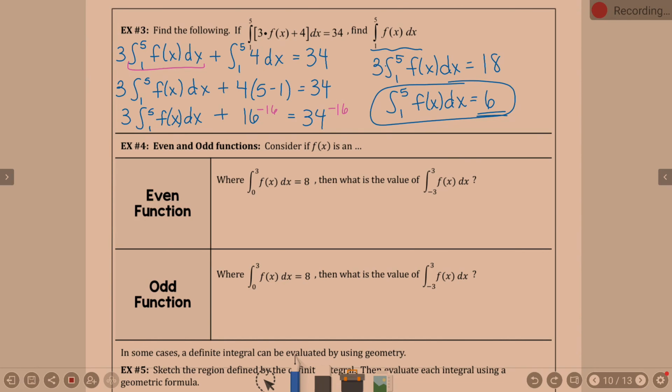So an even function is a function that is symmetric across the y-axis, and an odd function is a function that is symmetric across the origin.